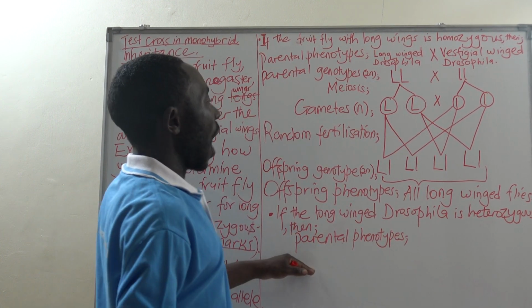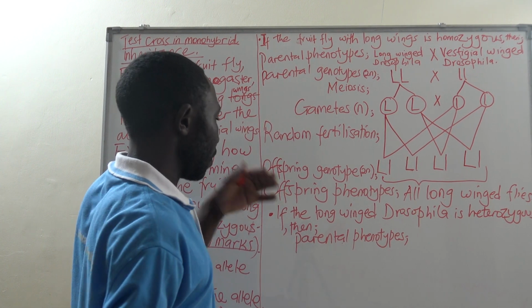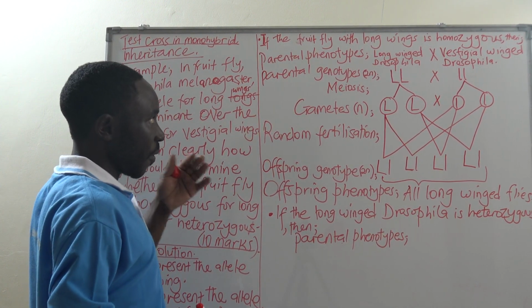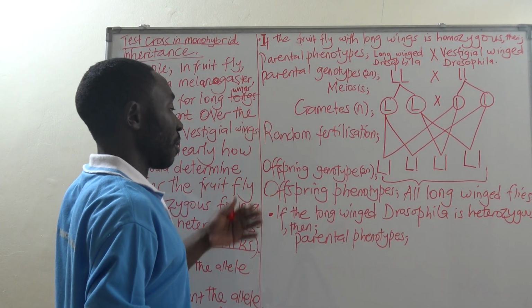Both parents are long-winged. No, they are not long-winged. One of them is long-winged but heterozygous.